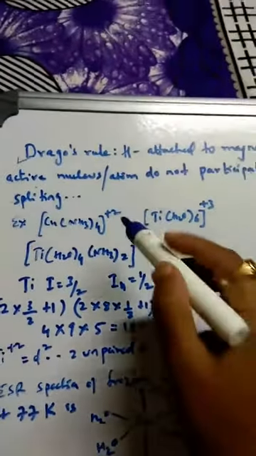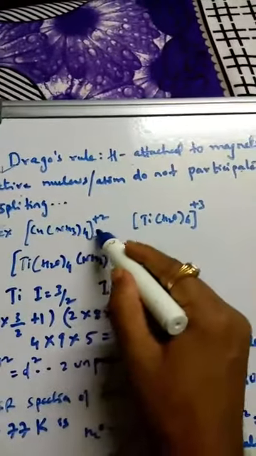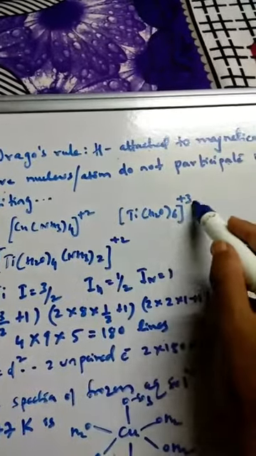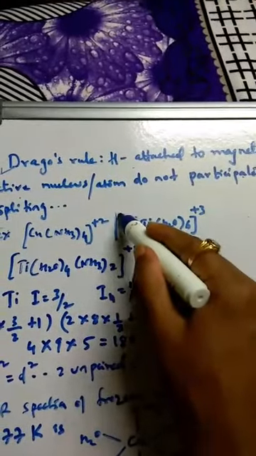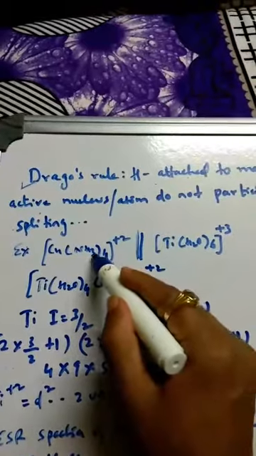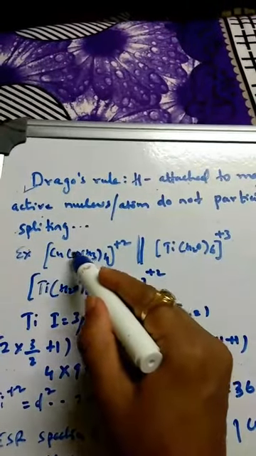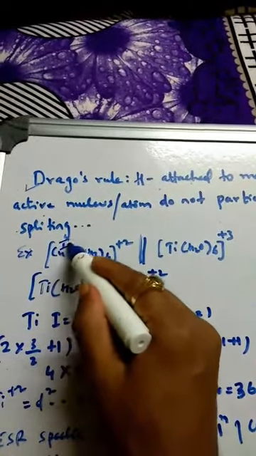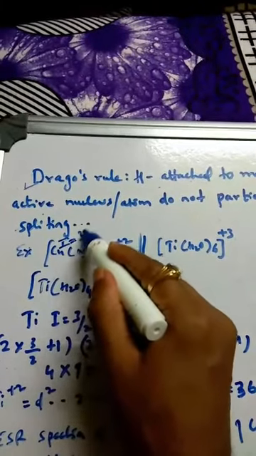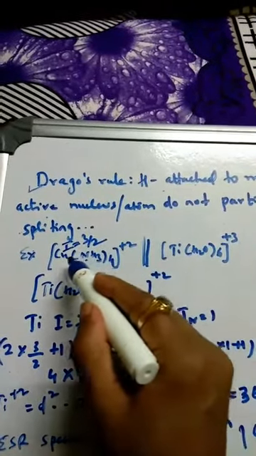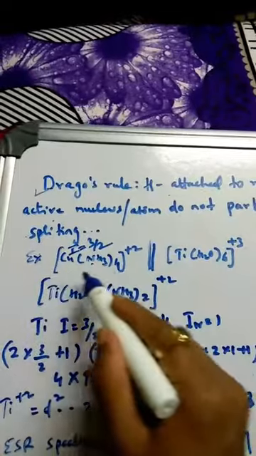In the last video we took two examples, copper tetramine 2+ and titanium hexaaqua. We saw that the copper I value of the magnetic nucleus is 3/2, and we calculated the number of lines in the ESR spectra.